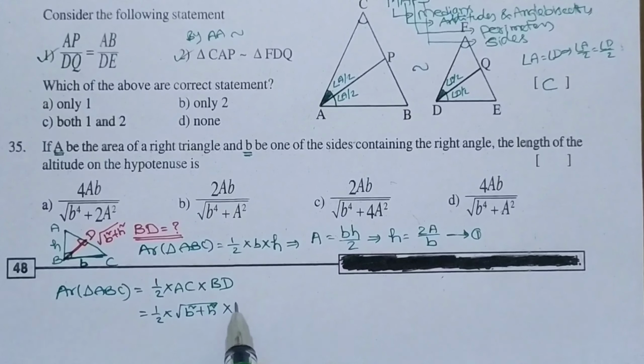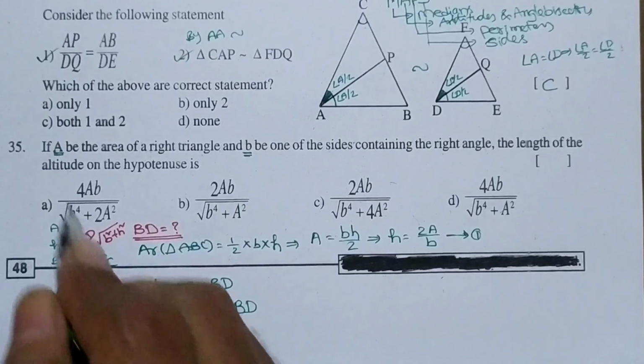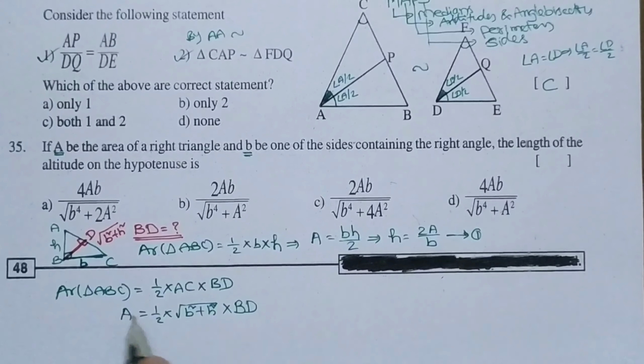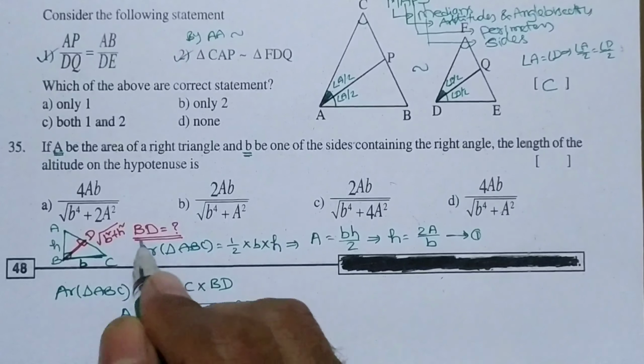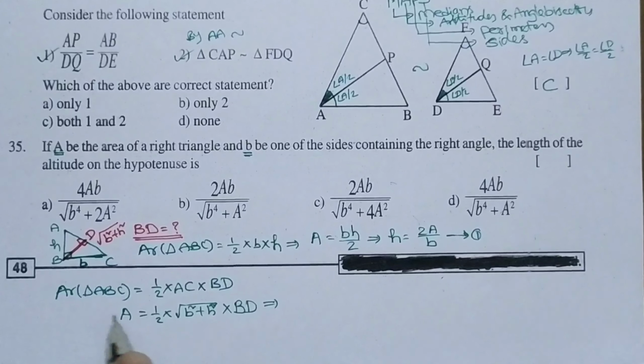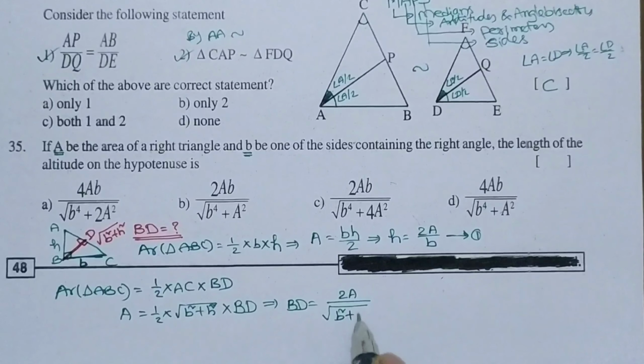That is what we are asked to find. Let us write BD as it is. Now we know this area is given as capital A, so I am writing A. As BD is our target, let us send the other terms to that side. From this data BD will be 2A divided by under root b square plus H square.